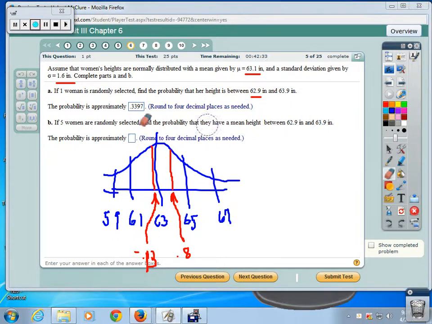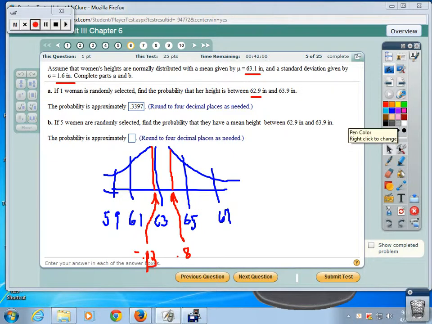It says, if 5 women are randomly selected, see what the probability of their heights would be. Well, you have to have 2 more z-scores. So we're going to take our pink marker. No, that'll clash.